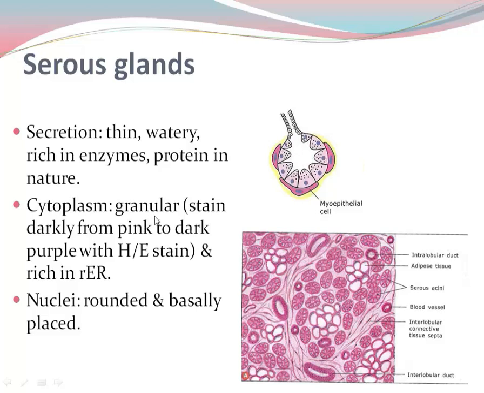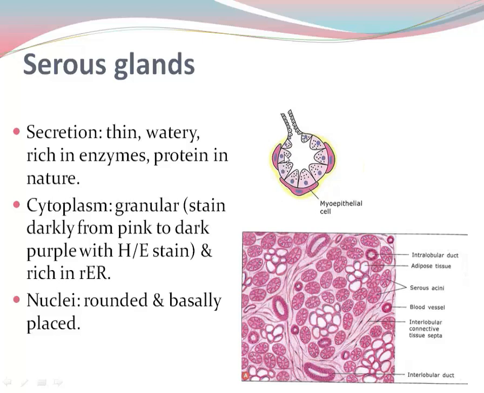The cytoplasm is granular and stains darkly, from pink to dark purple, with hematoxylin eosin stain, and the cells are rich in rough endoplasmic reticulum. So here all these dark colored structures represent the serous glands because their granules are darkly stained with hematoxylin eosin stain, and their nuclei are rounded and basally placed.